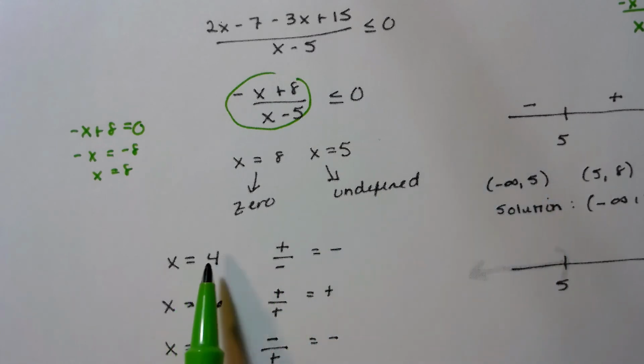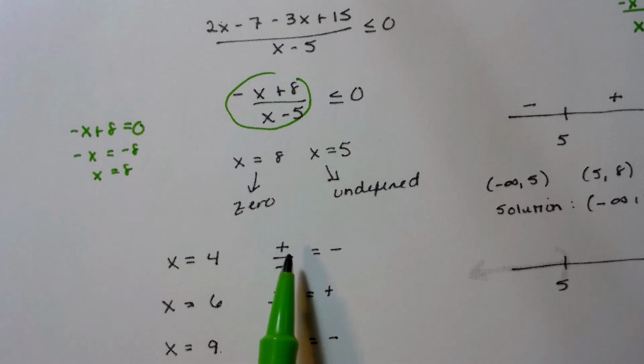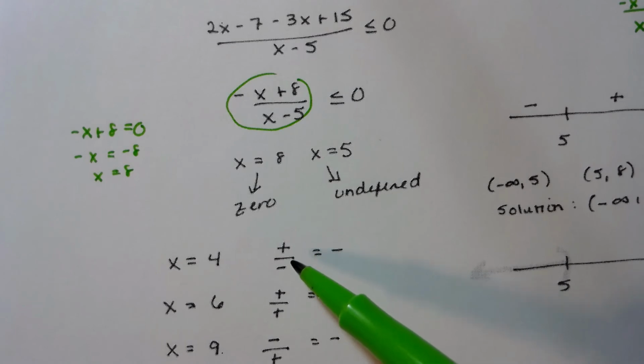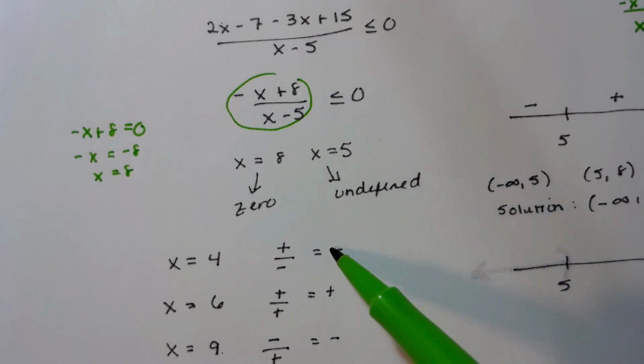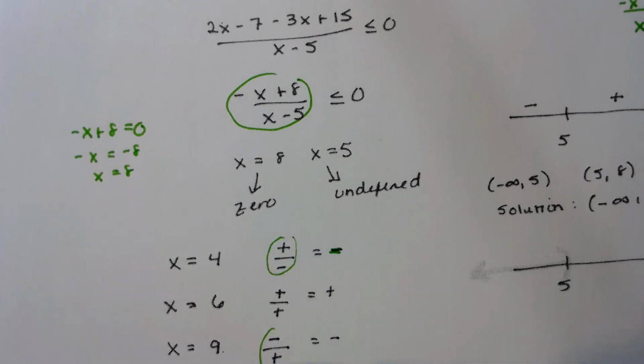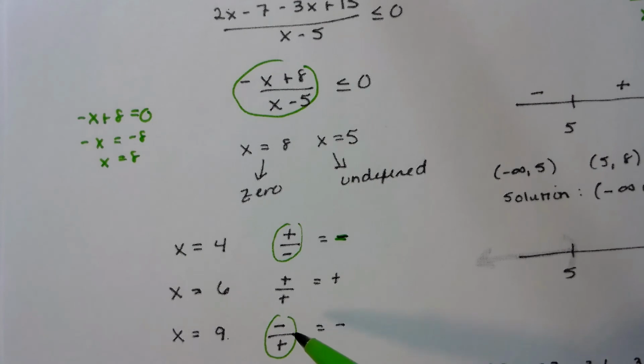And if I plug in a 4, now you just got to be careful. Now you're going to use the rules of division, right? A positive divided by a negative, or a negative divided by a positive, is always going to result in a negative, okay? So you see, here's one and here's another one. It doesn't matter if the plus or the minus is upstairs or downstairs. If the signs are different, top and bottom, you're going to get a negative result.